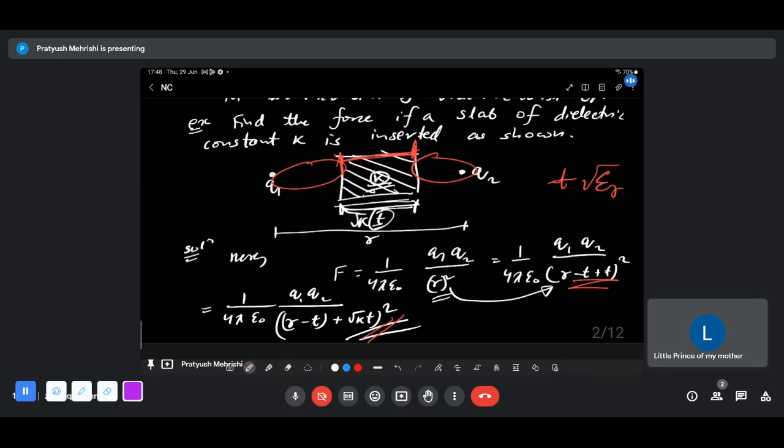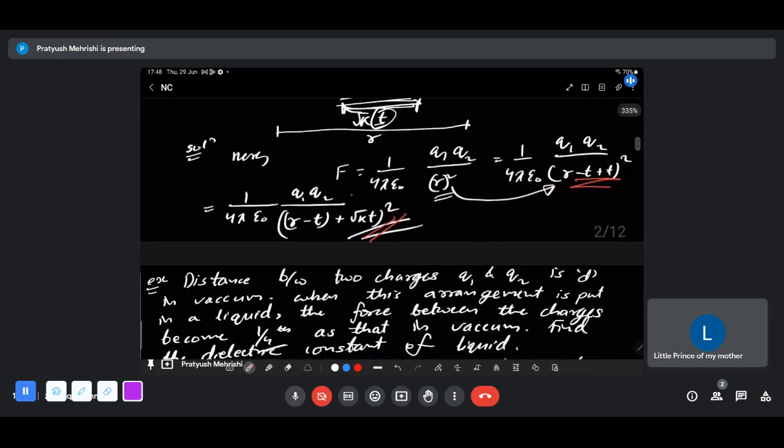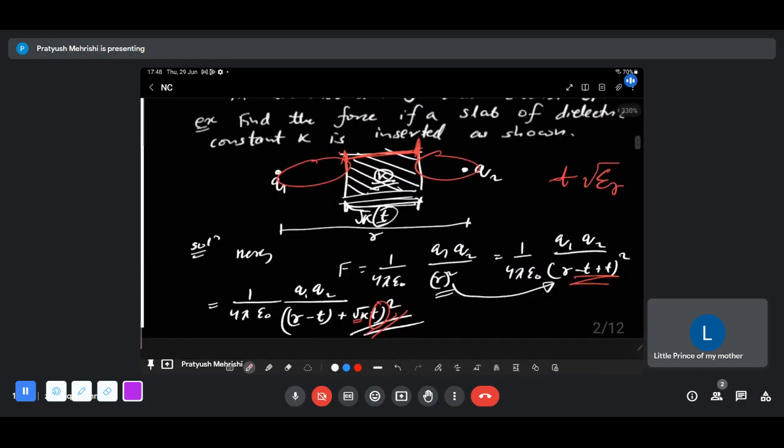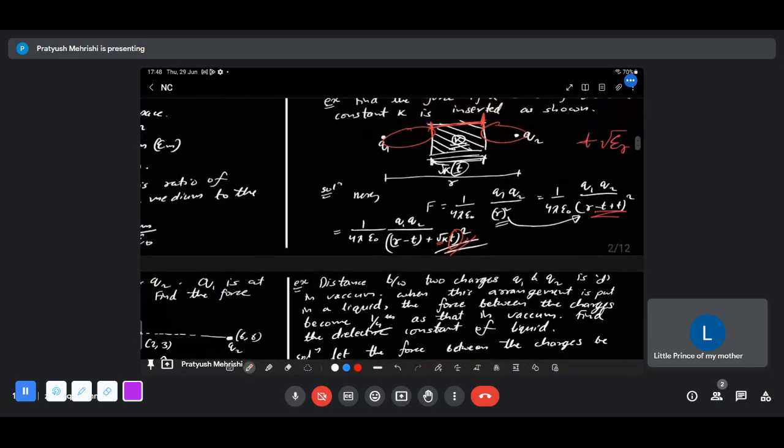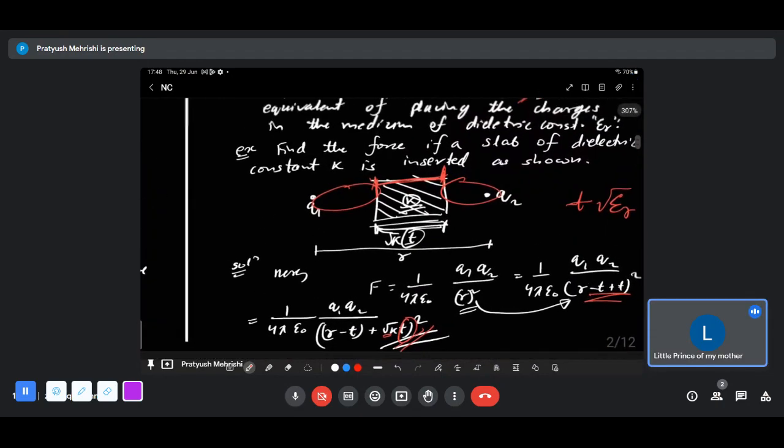Why under root kt? Because K was the dielectric, and we just saw that under root of the dielectric is multiplied by the distance. So under root K is multiplied by the t distance. Got the question now? This was an easy question. So the thickness also we should consider in the formula.